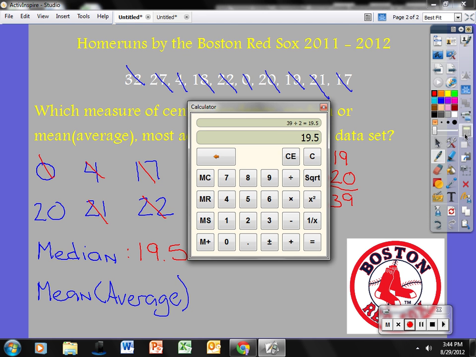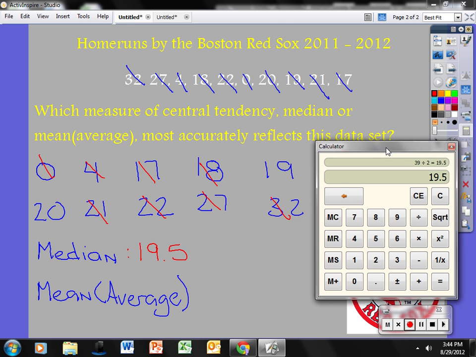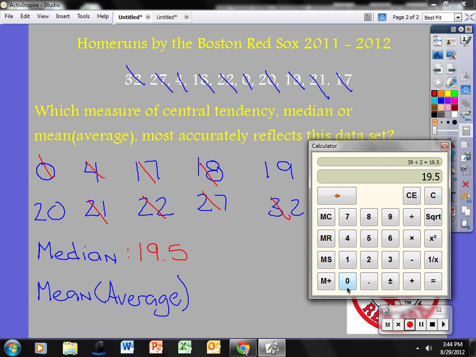Now let's calculate the mean, or the average. I'm going to pull my calculator out and add all these numbers together. 0 plus 4, that's easy. I don't have to put the 0 in my calculator. That's 4 plus 17 plus 18 plus 19 plus 20 plus 21 plus 22 plus 27 plus 32.